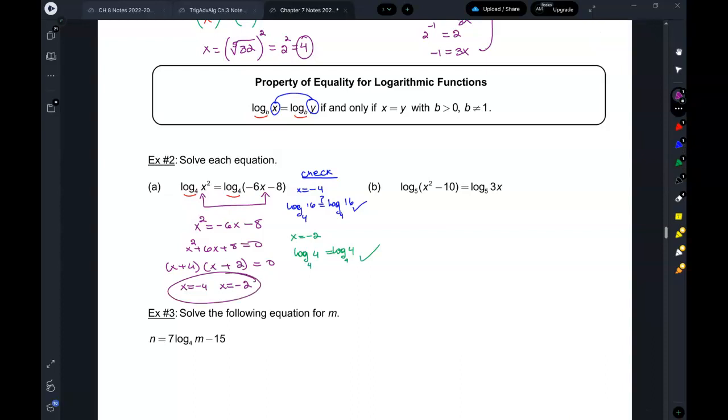Log base 5, log base 5. Set these equal to each other. And then we get x squared minus... oh, that happened so quickly. Sorry, let's set them equal to each other. And then this equal to 0, does that factor?